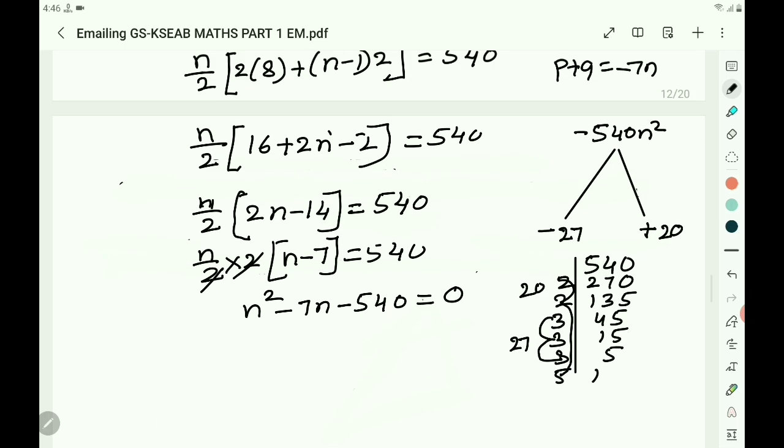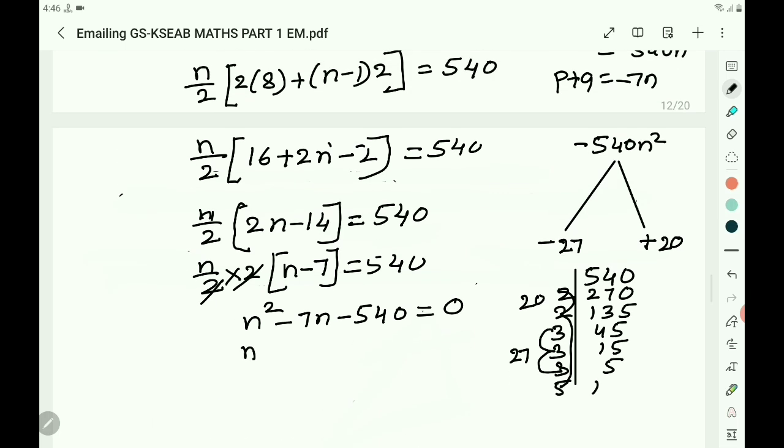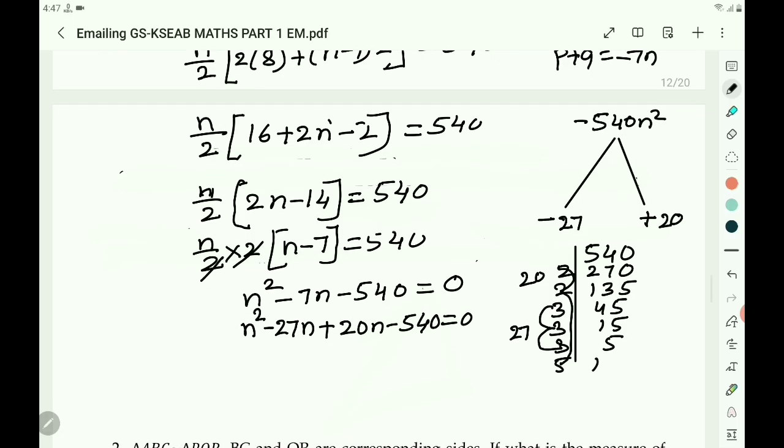Then you write n square minus 27n plus 20n minus 540 equals 0. Then n is common, remove that outside. N into n minus 27 plus 20 into n minus 27.